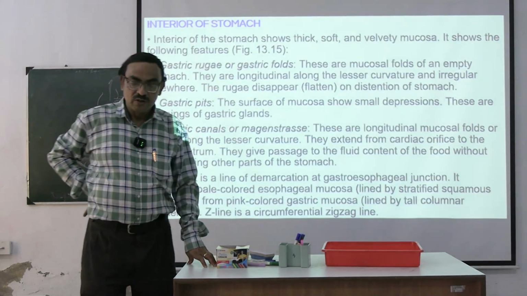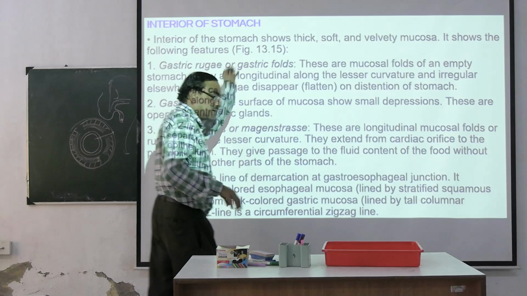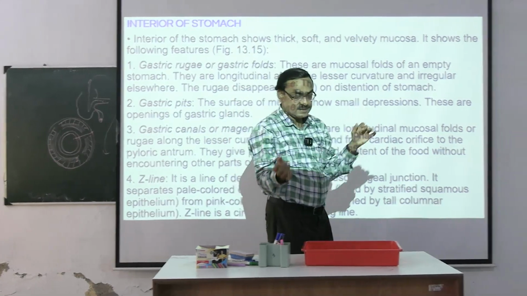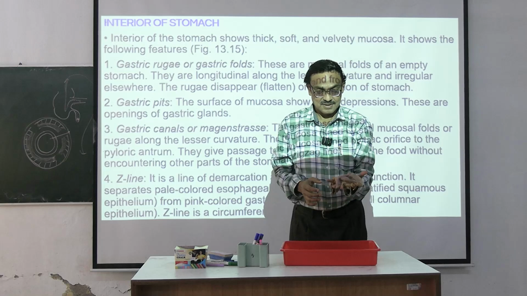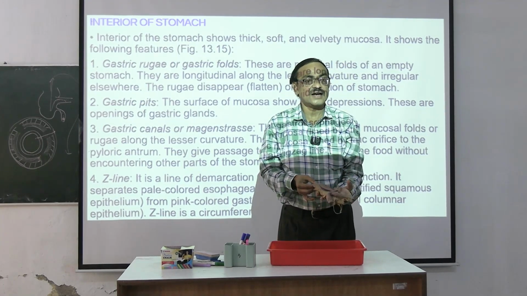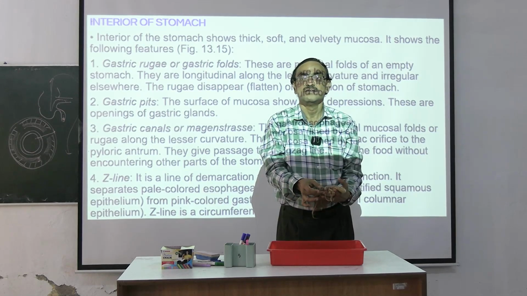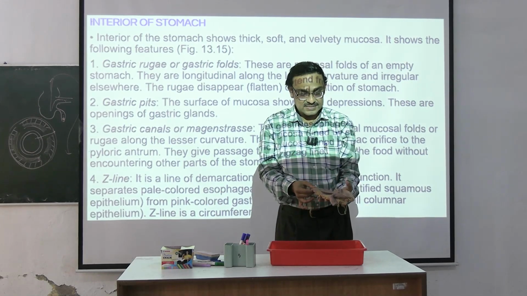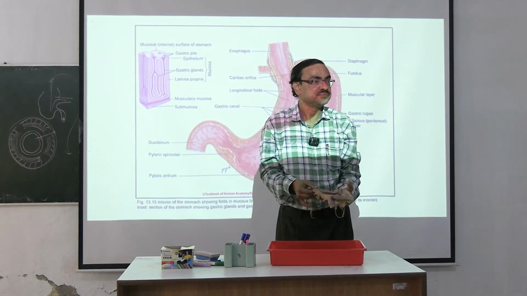Now the most important part is how to hold it in anatomical position. How can we identify the cardiac end and the pyloric end? You can see this end is very thick and this end is soft.